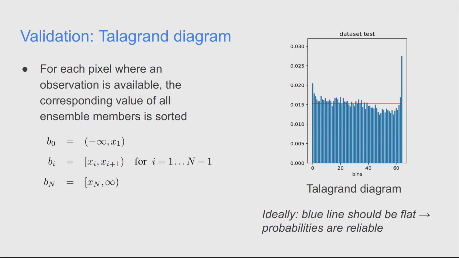Yeah. So mathematically, I don't know if it's really proven, but empirically, we're using this Telegram diagram, and in the paper there's another score that we use, the continuous ranked probability score, which is also used in meteorology, where you can estimate the probability.